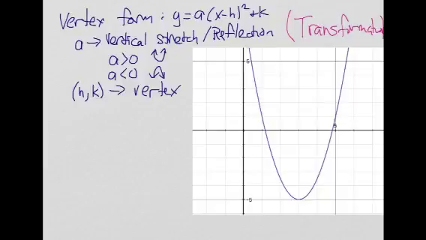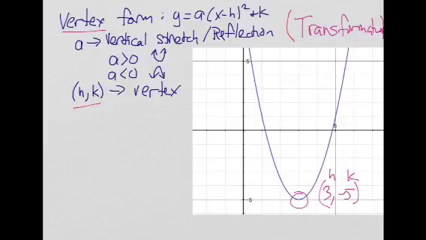So if we have a graph like this one, if we can read the vertex easily, then it's easy to put it into vertex form. On this graph, we can read that coordinate off pretty confidently. That's the point 3, negative 5. So I know my h value and my k value.